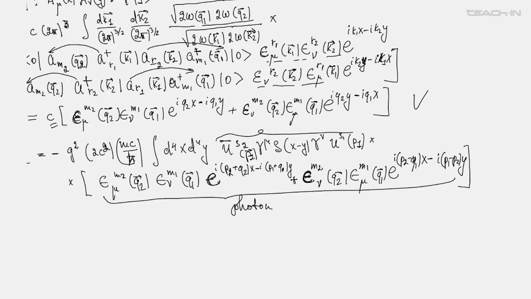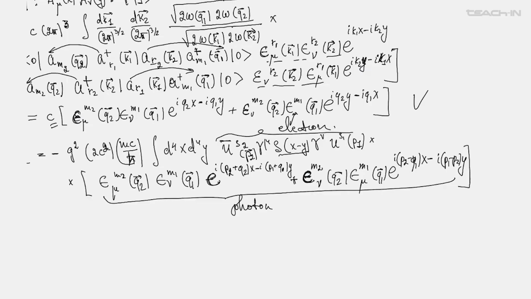What we need to do now is to perform this integration over x and y. And this can be done efficiently in the following way. You see that the fermion propagator here depends on the difference, x minus y. That's why it makes sense to introduce a change of variables.